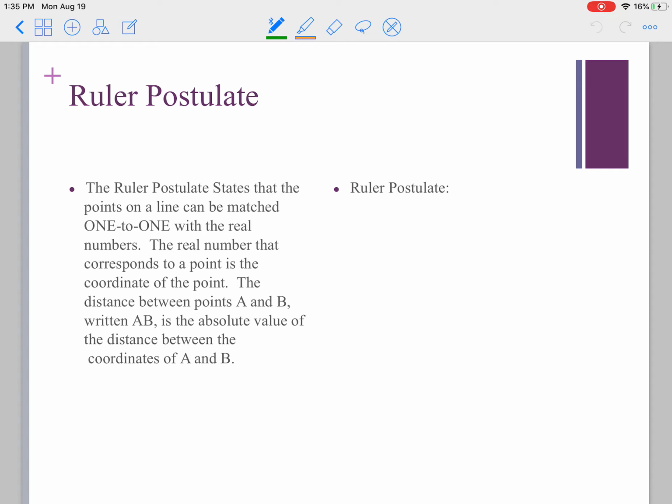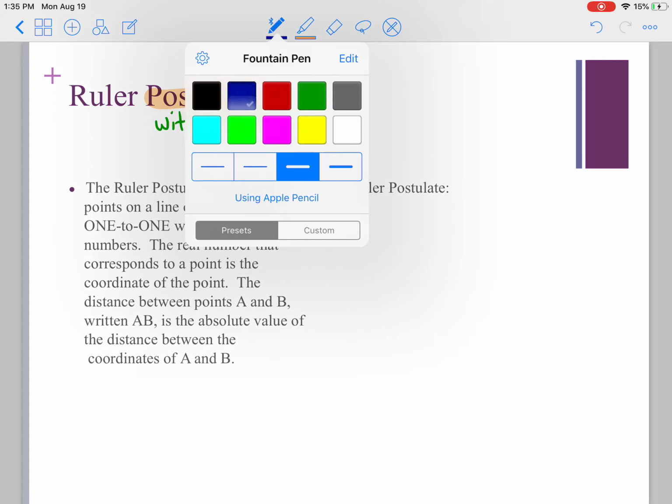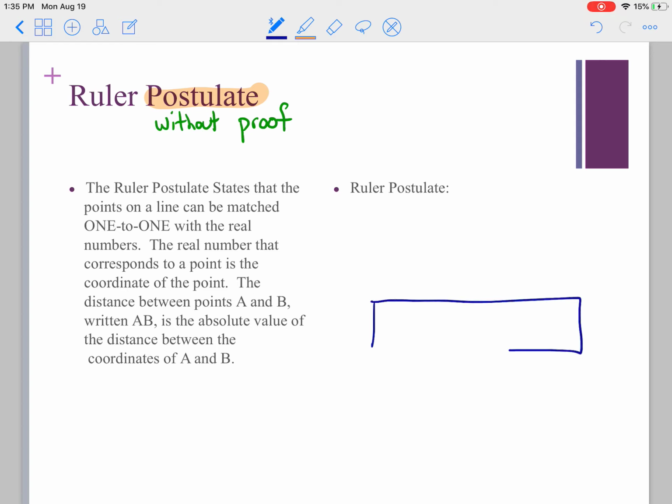Ruler postulate. So a postulate, as you may recall, is without proof. Okay, so we do not have to prove a postulate. The ruler postulate states that if I were to pick up a ruler and set it down on this page, and I'll just draw an example of a ruler, and rulers usually have marks, and then a longer mark that might be 1 inch or whatever the scale might be, and then you get 2 and 3 and so on.